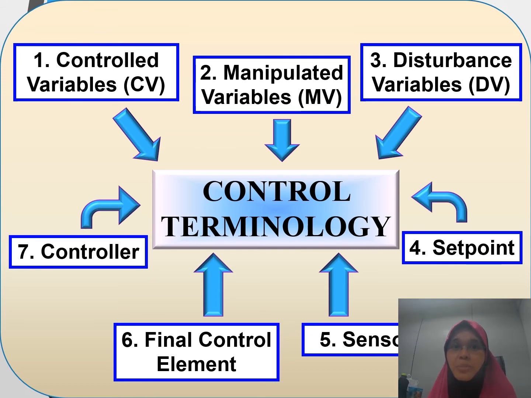Does your temperature increase? Same goes with the manipulated variable. Something that is really connected to each other. For example, as the flow rate increases, the temperature increases. Flow rate decreases, temperature decreases.